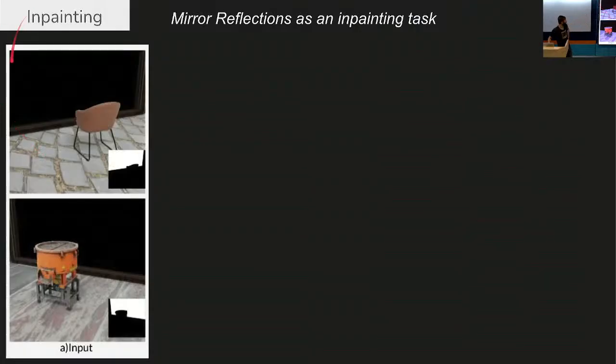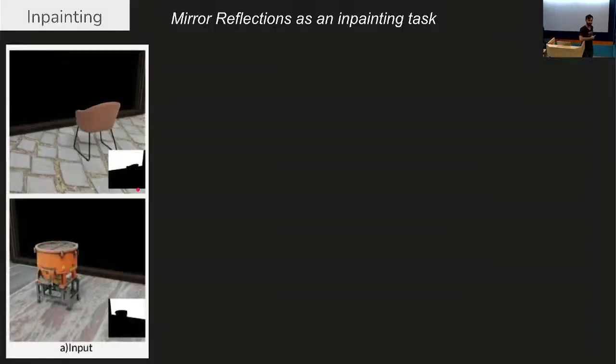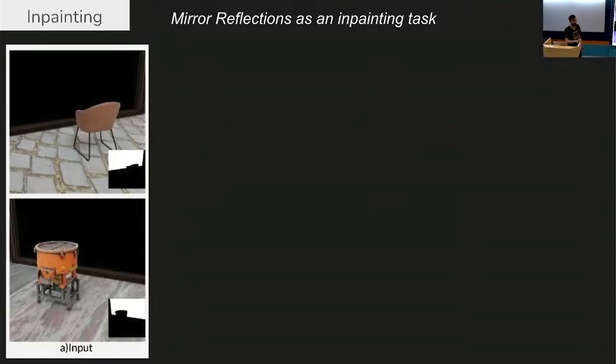You mask out this mirror region, and this is the mask for the mirror. And we will train an inpainting model to fill in the mask, taking the information from all the other regions. As we have seen, a diffusion model can do that nicely, taking information from other regions and filling in whatever is masked. But this is much more challenging. You actually want consistent 3D geometry of the scene in the reflection.